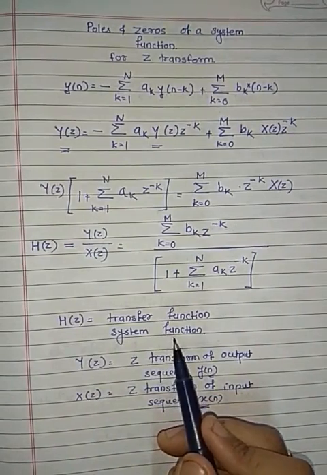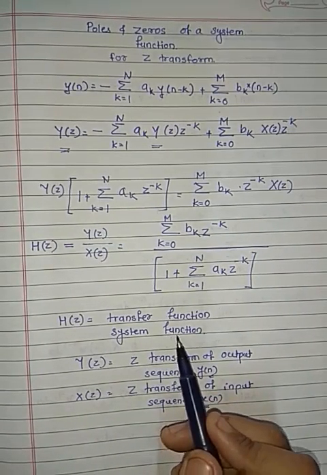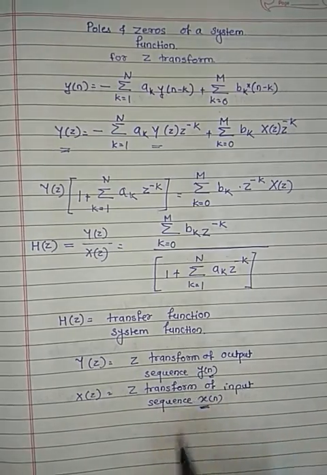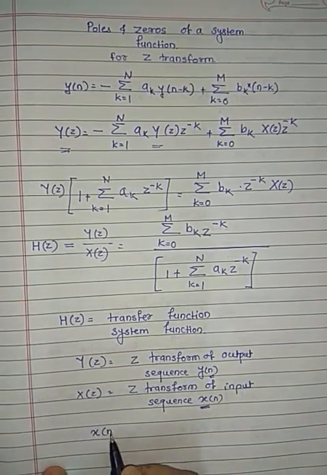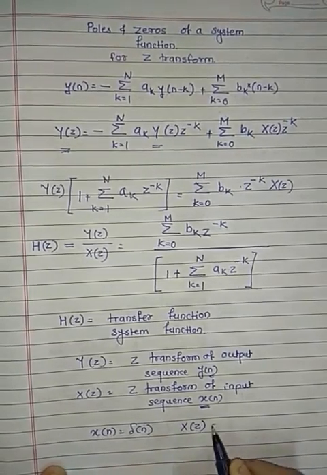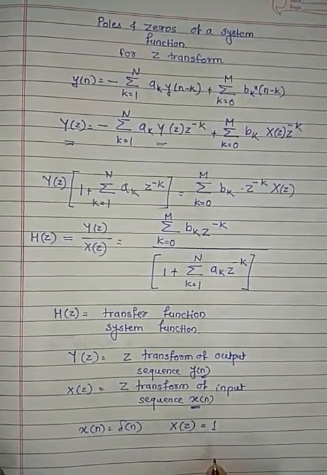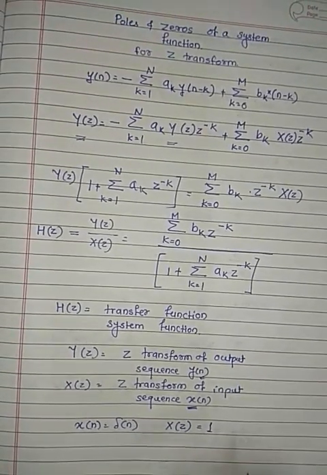If the input x of n is delta n, then X of z is equal to 1. In our previous videos, we have seen the Z transform of some standard sequences, and we have studied that if the sequence is delta n, then X of z is equivalent to 1.